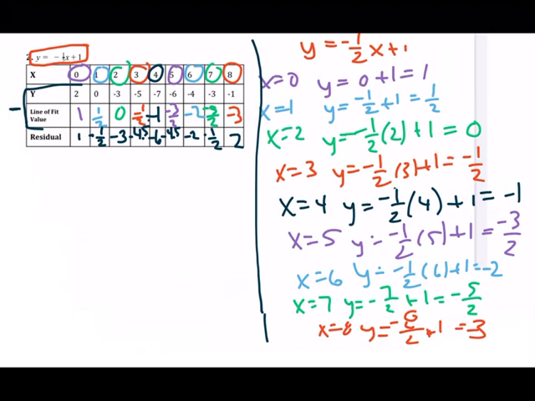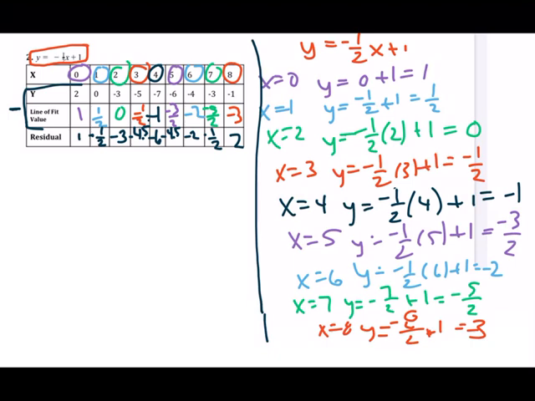So when we are looking to decide if residuals make a good line of fit, we want about an even number of positive and negative numbers, which we do not have in this case. Most of these are negative numbers, all but 2 of them. We're also looking for them to be small numbers, and we have some small numbers, but then I see a negative 4.5 and a negative 6.